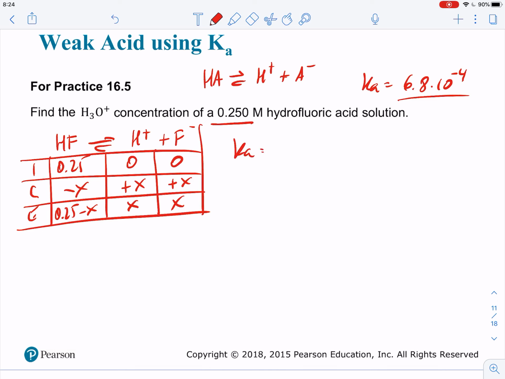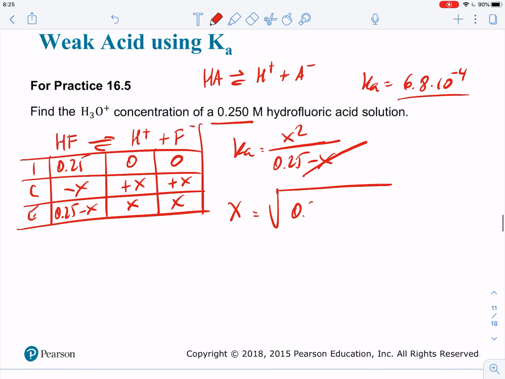Ka is going to be x squared over 0.25 minus x. Okay? And because we are assuming that x is small, then we forget about x, and we end up with x being equal to the square root of 0.25 Ka.